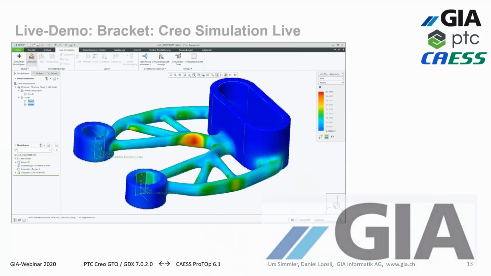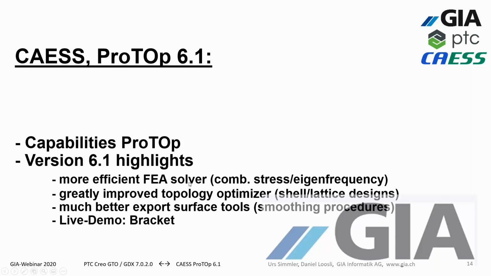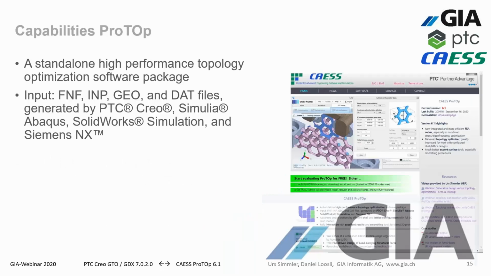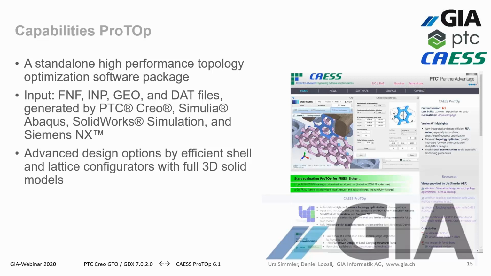We're going for, let's say, the next product. So we saw right now GTO and the movie of GDX, and now we're going to have a look at the, let's say, traditional product called ProTop from the Slovenian company CAESS. ProTop is a traditional topology optimization tool which can be used with input text or information from Creo Parametric, from SolidWorks, Siemens NX, or CATIA. And this product has also a little bit more advanced options.